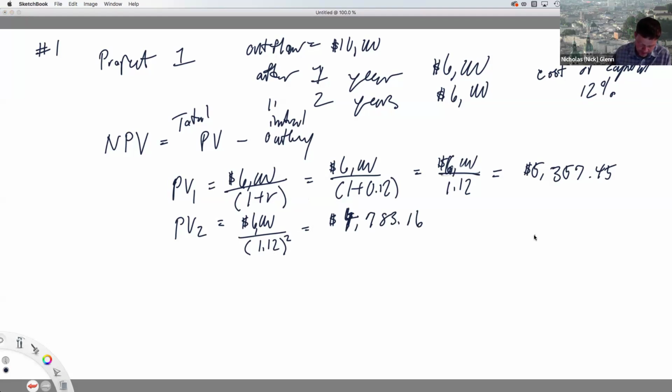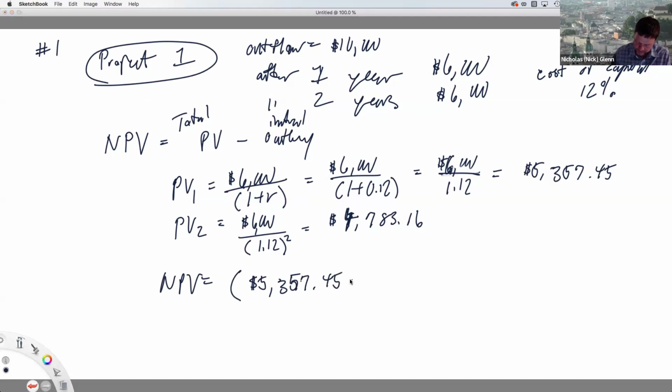So what is their net present value for project 1? Well, their total present value of income, this cash flow they're getting, what it's worth in present value terms, is $5,357.45 plus $4,783.16.